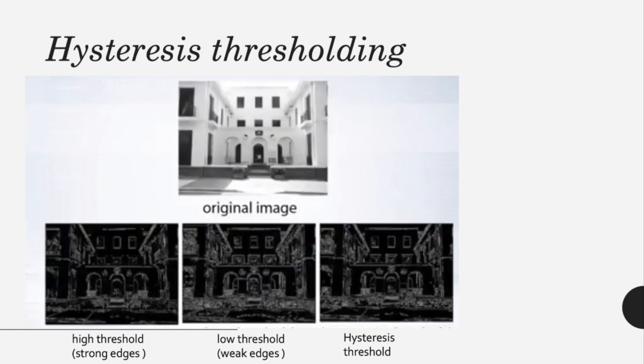Two thresholds allow us to achieve a balance between the amount of detected edges and noise. If only one threshold is used, we either miss thin edges, which are extensions of strong edges, or get a lot of noise from weak edges alone.